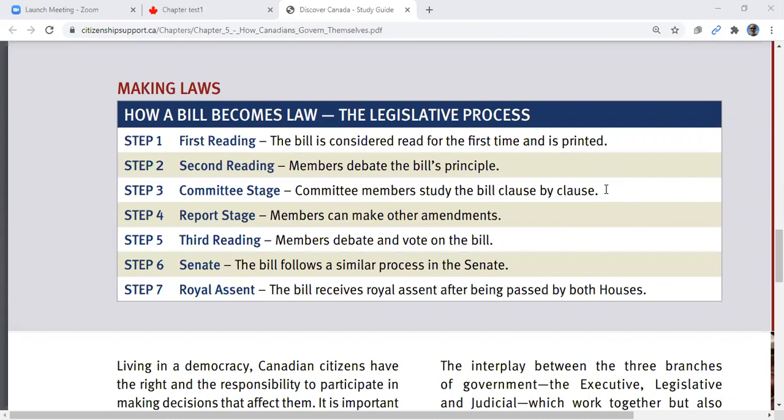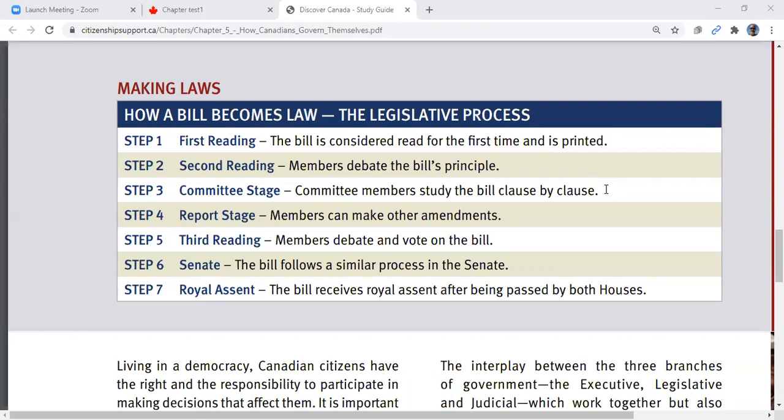So they do lots of debating, lots of agreeing and disagreeing and talking, and then finally at the third reading they vote. And if there's enough people that say yes, marijuana maybe is a good idea in Canada, then the House of Commons is finished. So the members of parliament are finished. Then it goes to the Senate, and the Senate does the same thing.